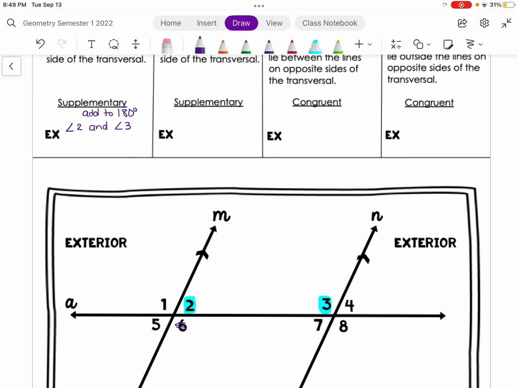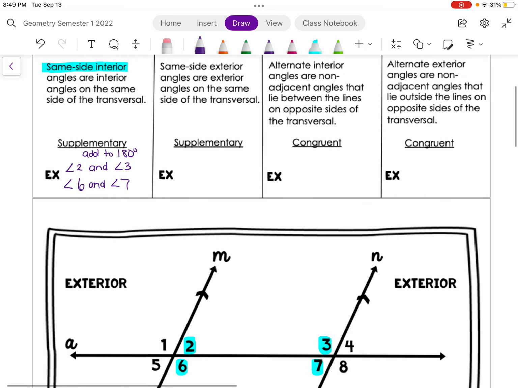Another pair is 6 and 7. Angle 6 and angle 7, same side interior. Those two angles for each of those pairs add up to 180 always. So angle 2 and angle 3, if I took my protractor out and started measuring, would add to 180. 6 and 7, same thing, add to 180.